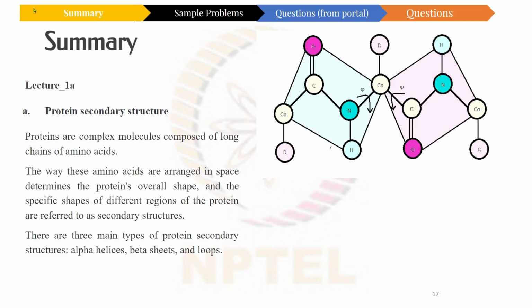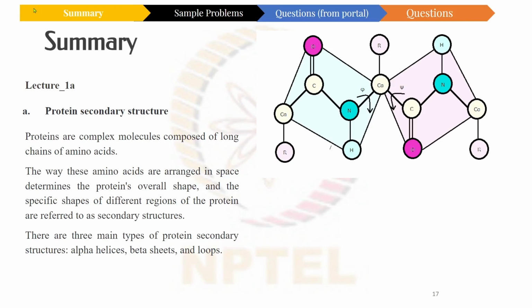So we have a concept of dihedral angles. Dihedral angles in proteins refer to the angles between the adjacent chemical bonds in the peptide backbone. These angles determine the conformation of the protein backbone and play a crucial role in protein folding and function. Here is an image of a protein backbone with dihedral angles labeled.